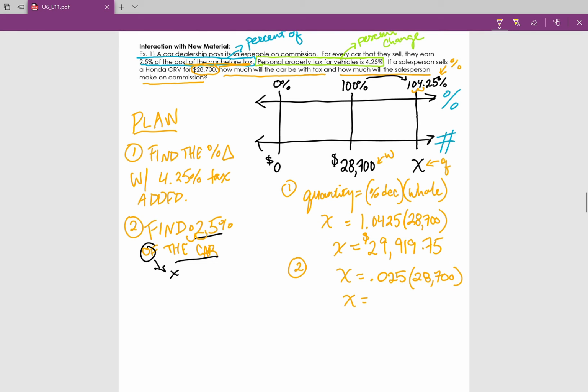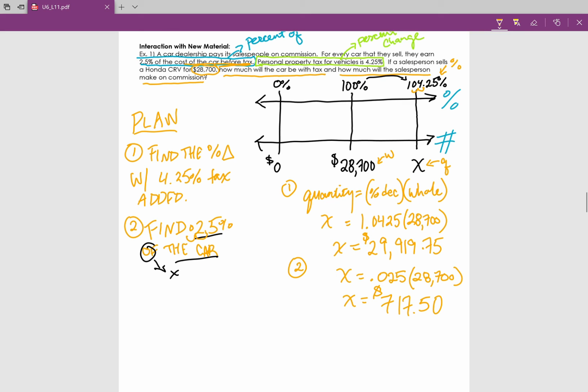And now, again, I don't really know off the top of my head what this is, so I'm going to plug in 0.025 times 28,700. And we get 717.5, and in dollars that's 50 cents.